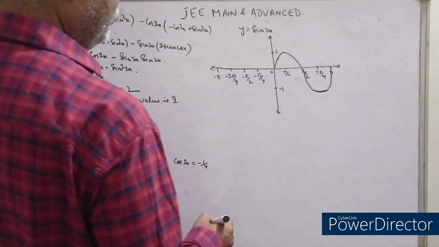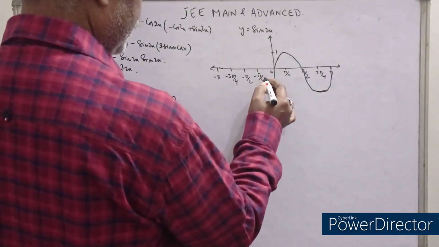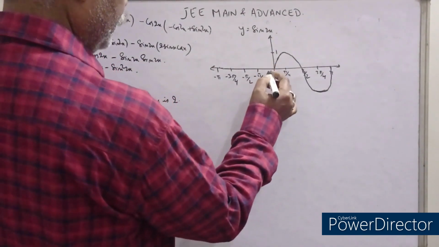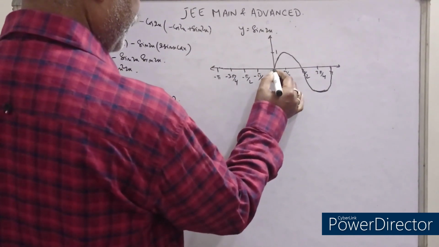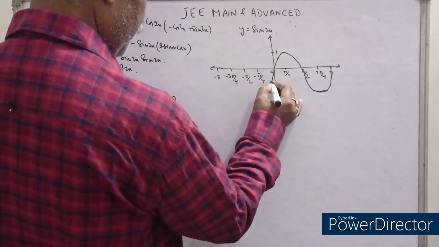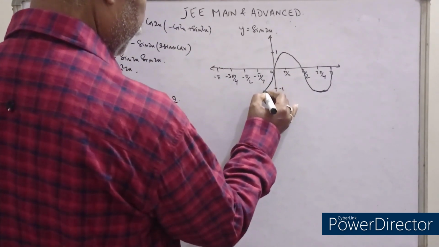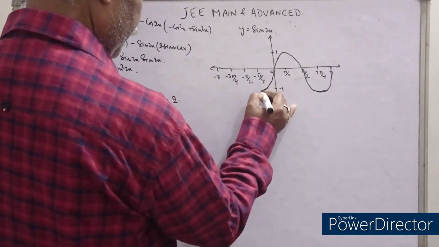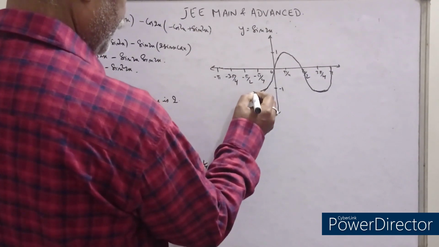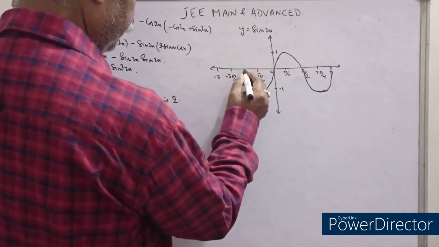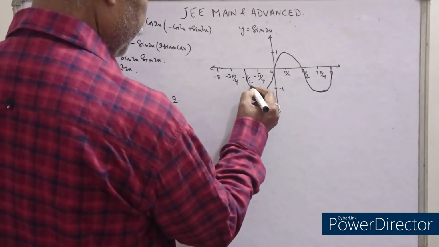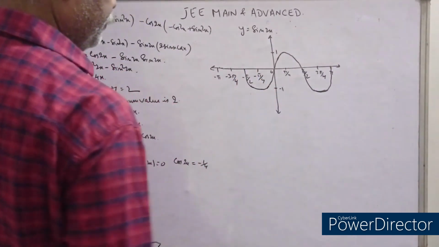Similarly on this side, at minus pi by 4, that means minus 1. The graph will be somewhat like this, 1 maximum. Then at pi by 2, it is 0. So the graph will be like this.